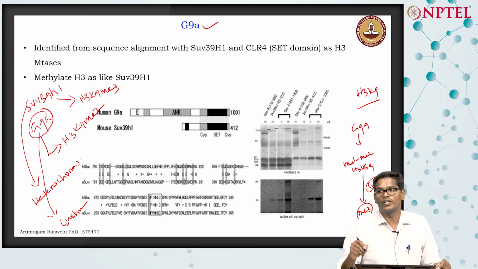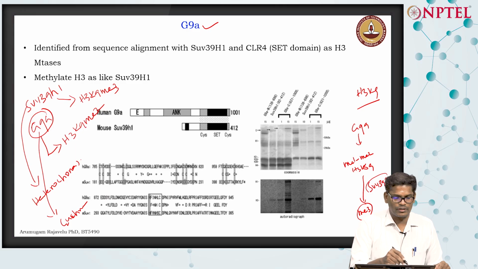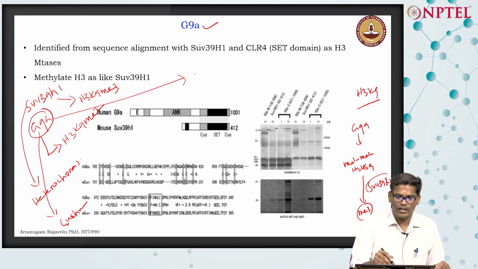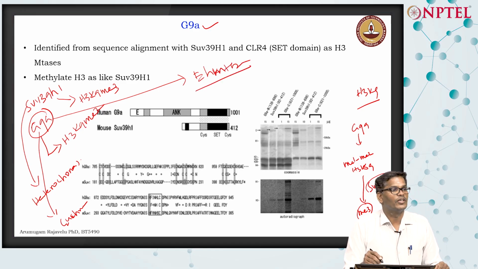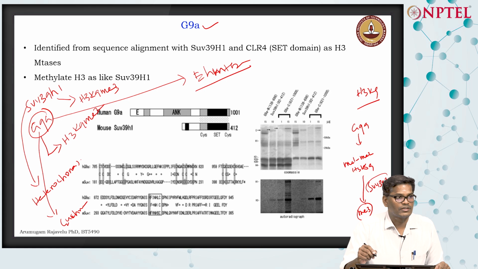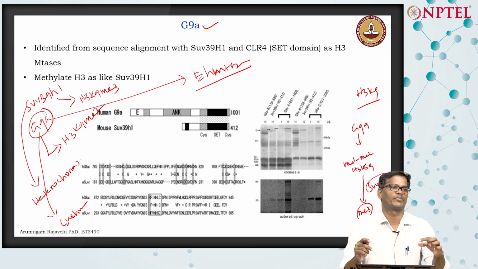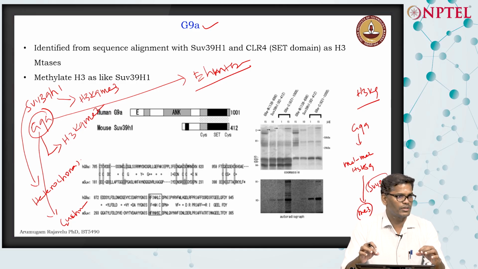In fact, some literature uses the term euchromatic histone lysine methyltransferase for G9A, which shows that it is repressive for euchromatic genes. There are genes which need to be repressed in the euchromatinized regions.